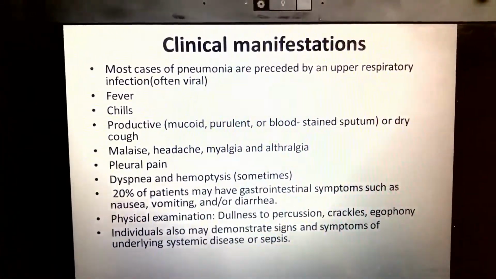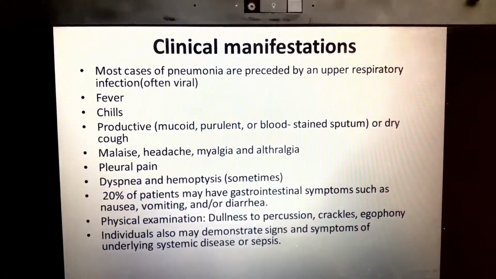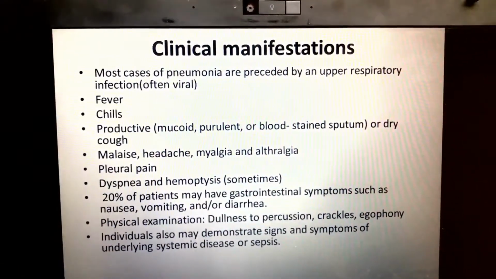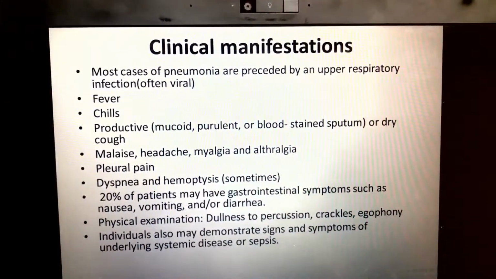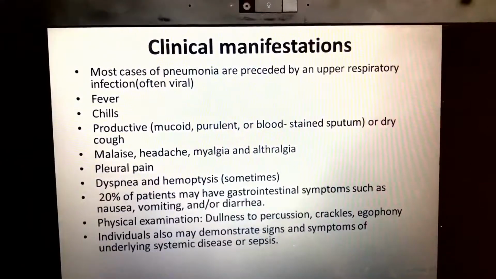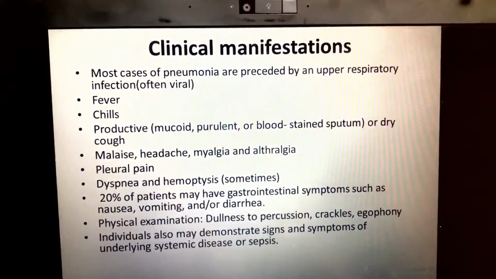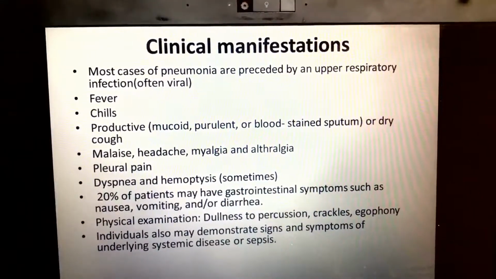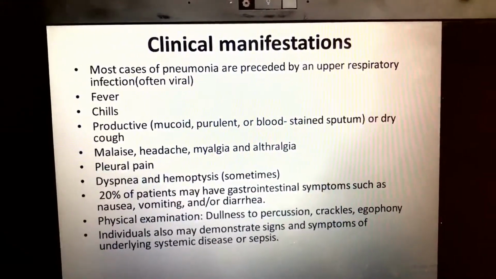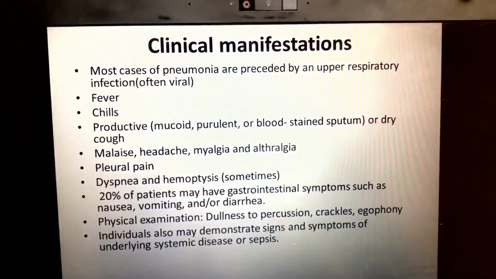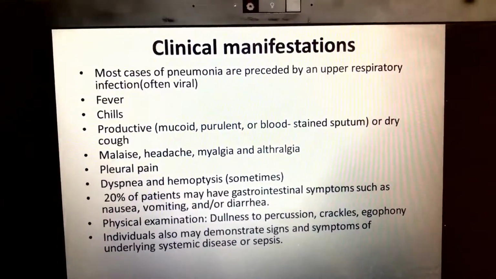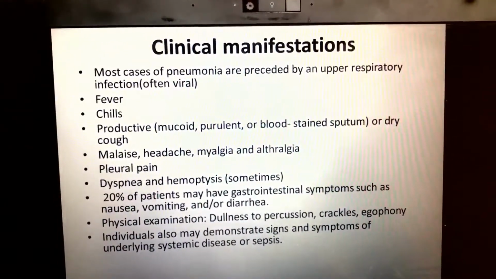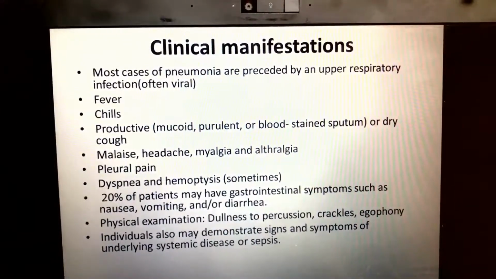What are the clinical manifestations of pneumonia? Most cases of pneumonia are preceded by an upper respiratory infection. We will see fever, chills, productive mucoid purulent or blood-stained sputum or dry cough, malaise, headache, myalgia, and arthralgia. And we have pleural pain. We also have dyspnea and hemoptysis.